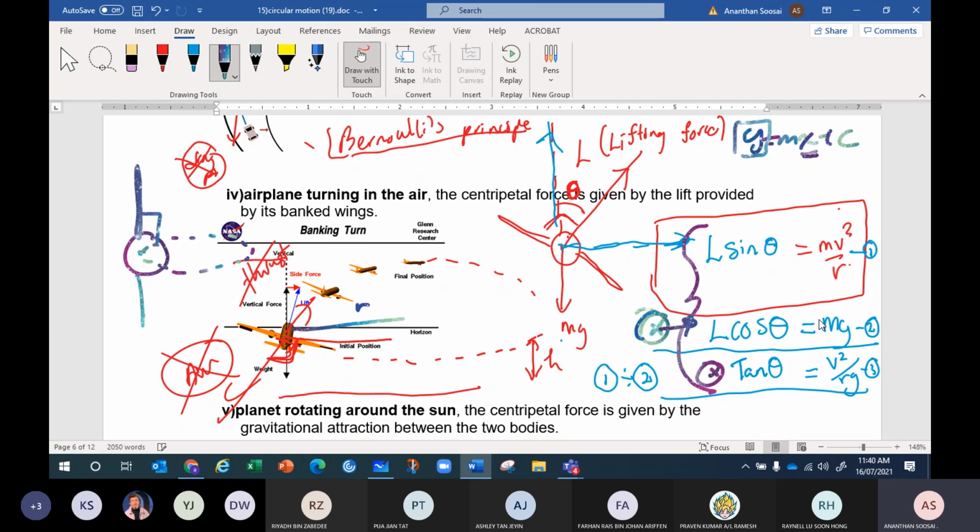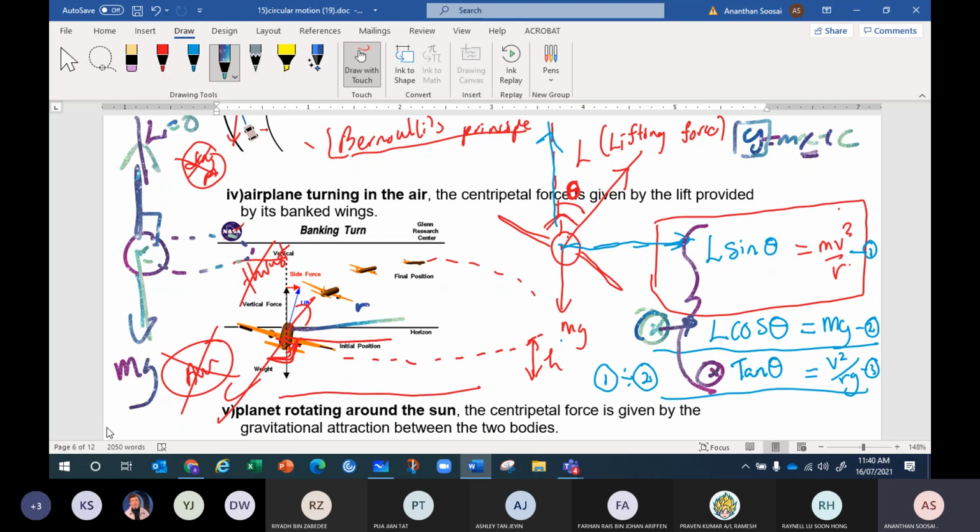By the second equation, L cos theta equals mg. If theta is 90, what happened to cos 90? With your trigonometry knowledge, cos 90 is 0, right? So L cos theta becomes 0. That means the vertical component of L becomes 0, so it is unable to balance the weight at the bottom.